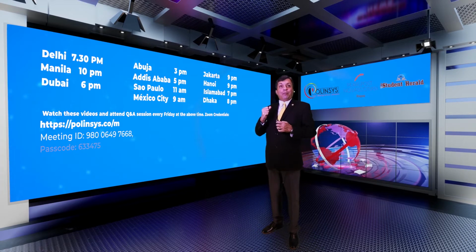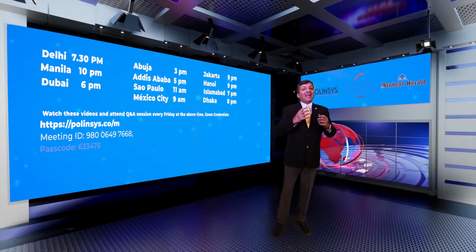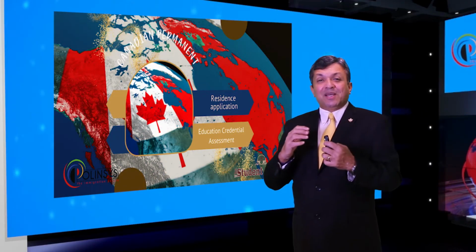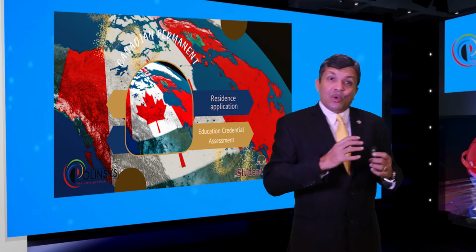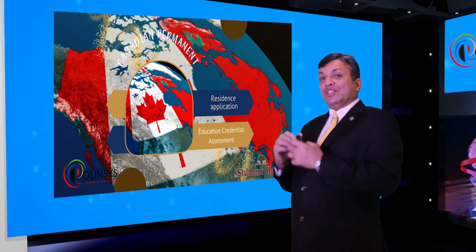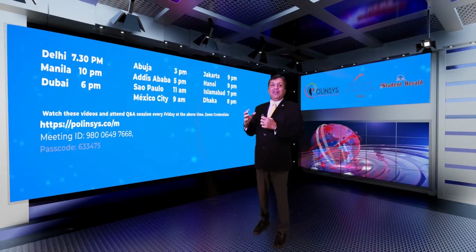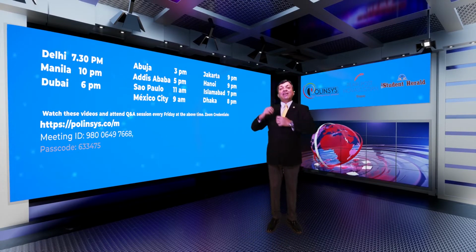Number 4. Most Canadian permanent residence programs require an educational credential assessment, or ECA. Secondary school in Canada in most cases means 12 years of education. Most probably, you only need an assessment for your highest level of education.